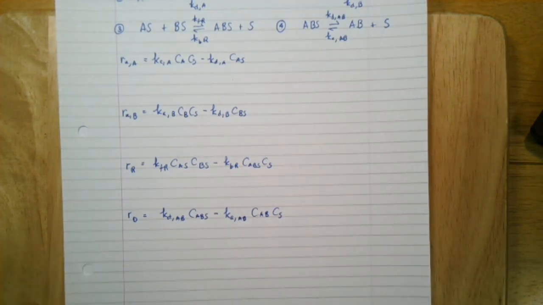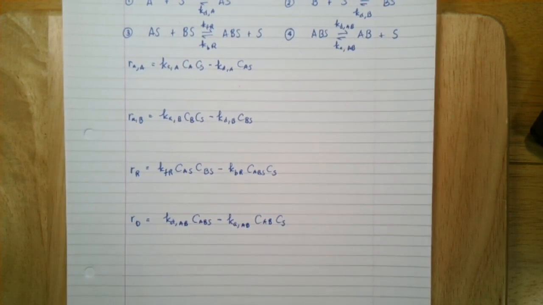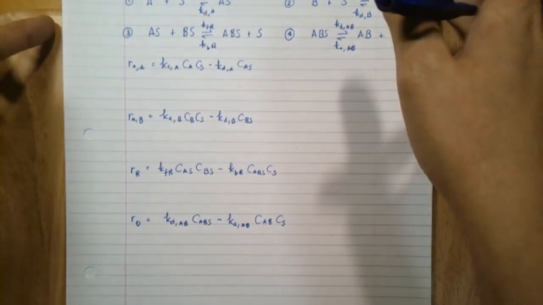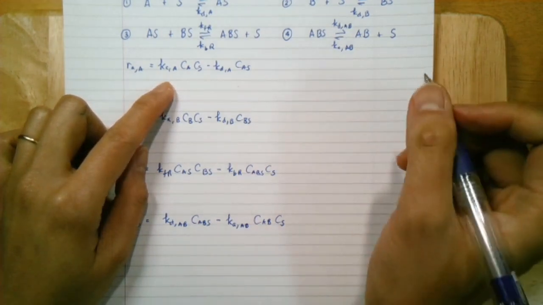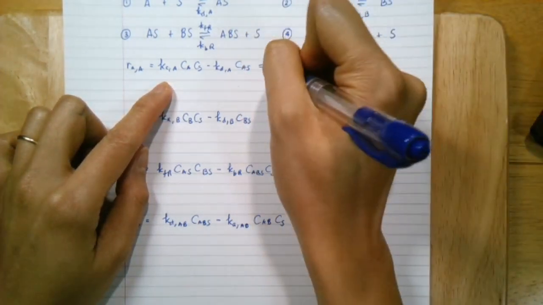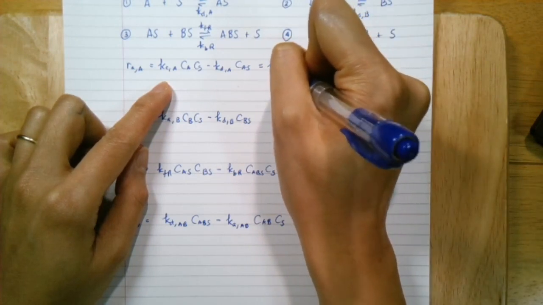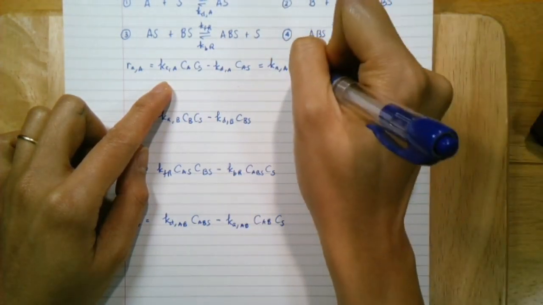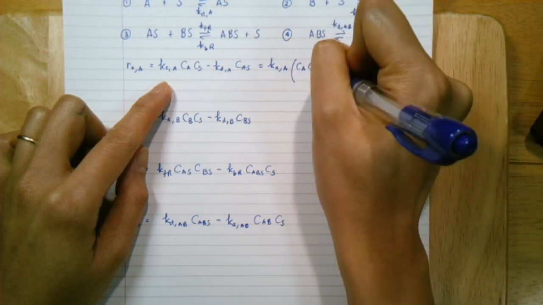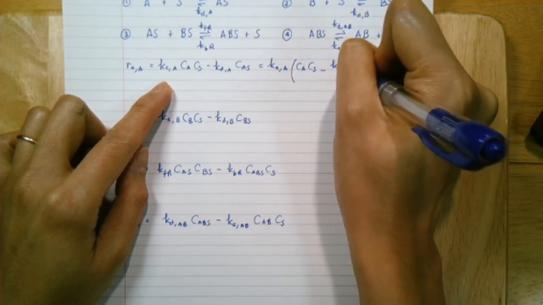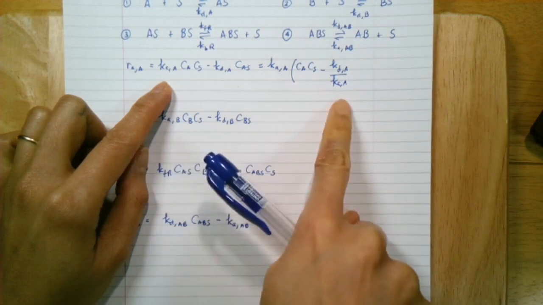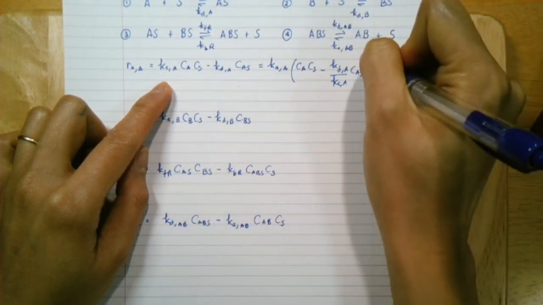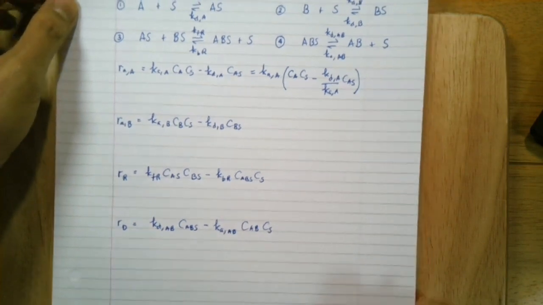Now that we have the net rates, let's express them in terms of the equilibrium constants. I can do that by factoring out the forward rate constants. Let's do it for A. I can factor out KAA, so I will have CA CS minus KDA over KAA times CAS.